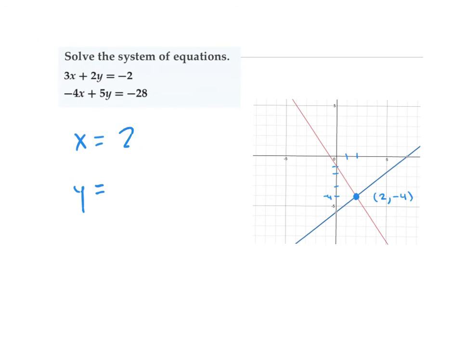And what's y equal to? -4. If you want to graph them by hand, you're more than welcome to. If you want to graph them using something that'll graph it for you, you can do that too. The important part here is that you see where they intersect, and that is your answer. That's it.